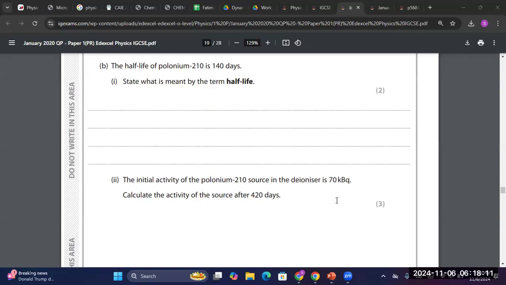Okay, it's okay. I'll write down the definition, right, Shreya? And you guys can give the same definition each and every time. The time taken for the radioactivity of a sample to decrease by half.